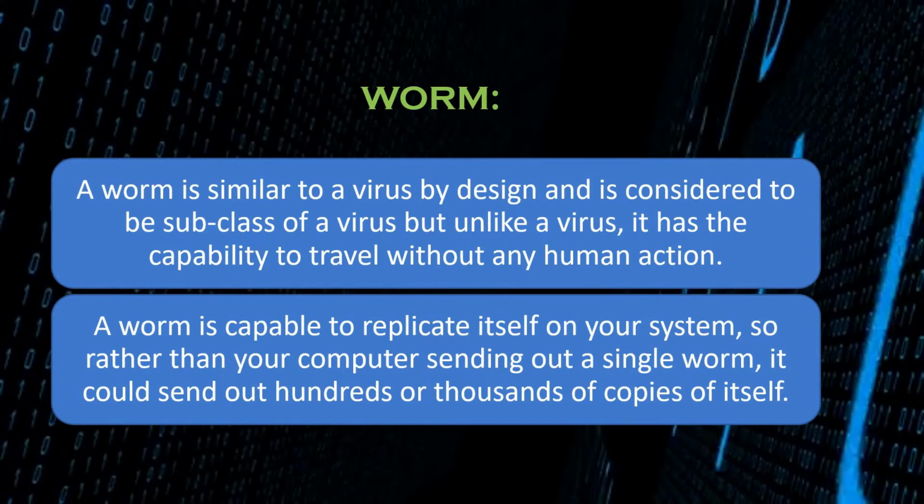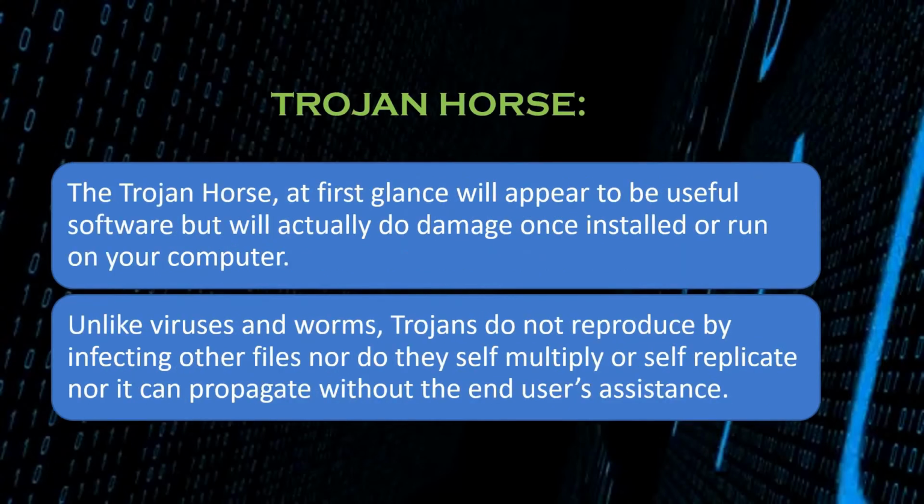It can mutate itself. So if a single worm is downloaded from the internet onto your computer, after a month you can see hundreds or thousands of copies in your computer. So this is basically a worm.